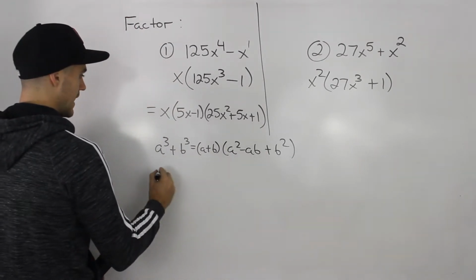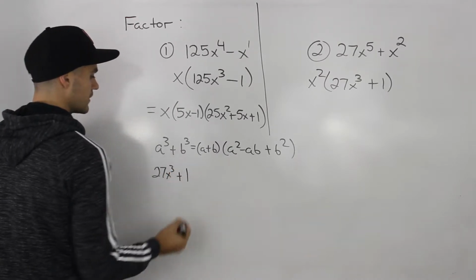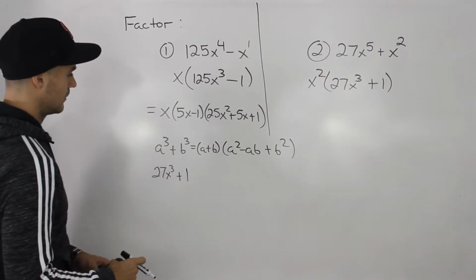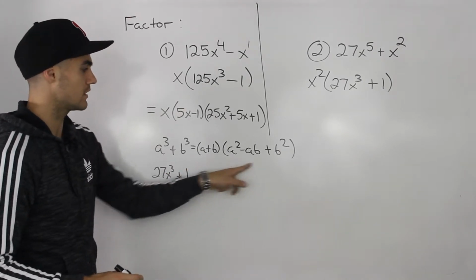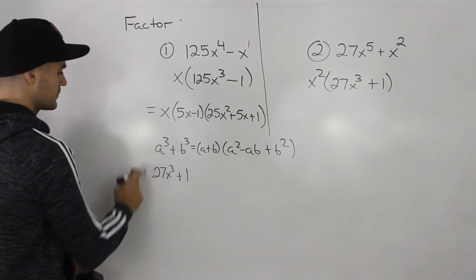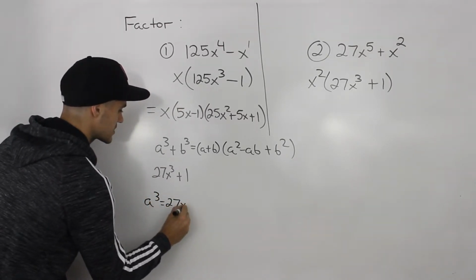All right, so we have 27x cubed plus 1. We have to figure out what the a value is going to be, what the b value is going to be, that we can plug into this formula. Well, from here, we can tell that a cubed equals 27x cubed.